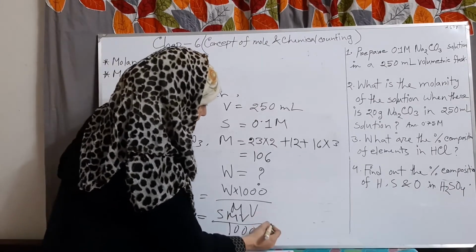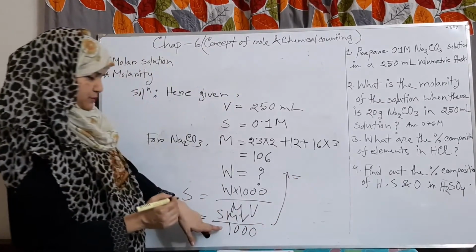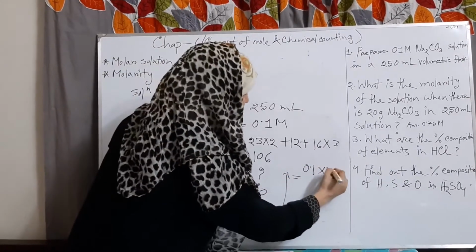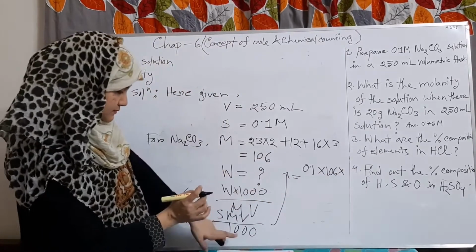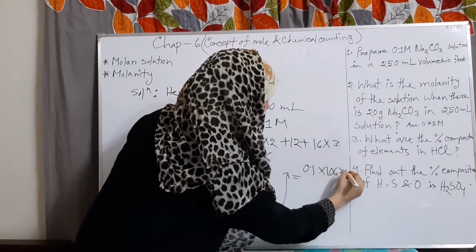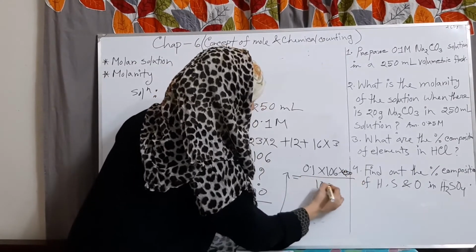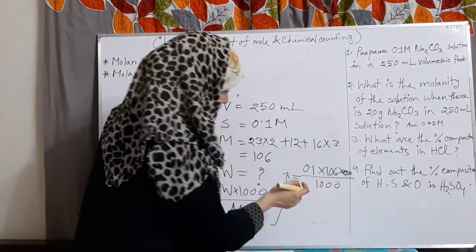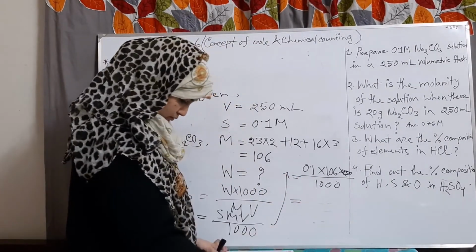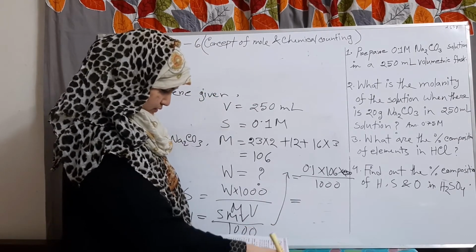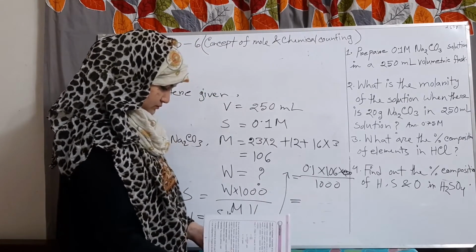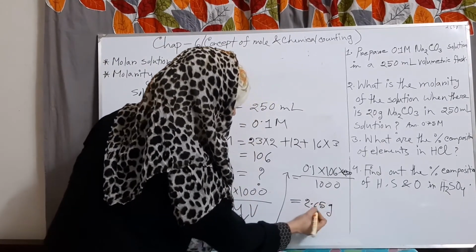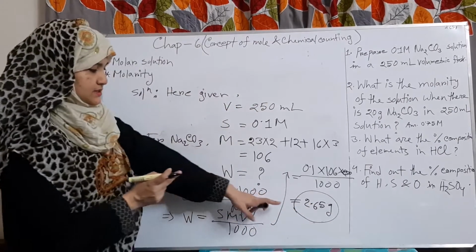Now put the values here: 0.1 into M, molecular mass 106, into V in ml 250, over 1000. You can calculate by using your calculator, but I take the answer from your book, which is 2.65 gram.